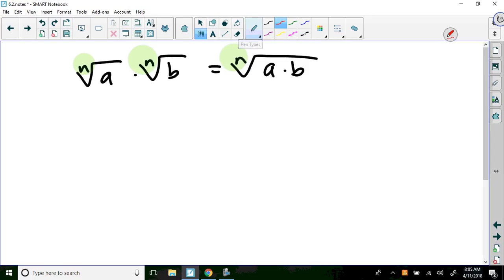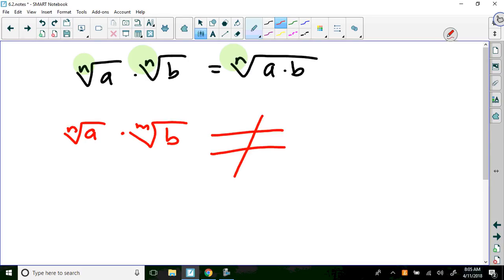So what I want to be real clear of is if you have the nth root of A, and you're multiplying that by the mth root of B, it's not possible to combine those. Okay, we can't do this and say, okay, well maybe we average the two. Maybe we subtract the two. Maybe we divide the two, and it's A times B, and it's the somethingth root at the n times n. No, we can't do that.